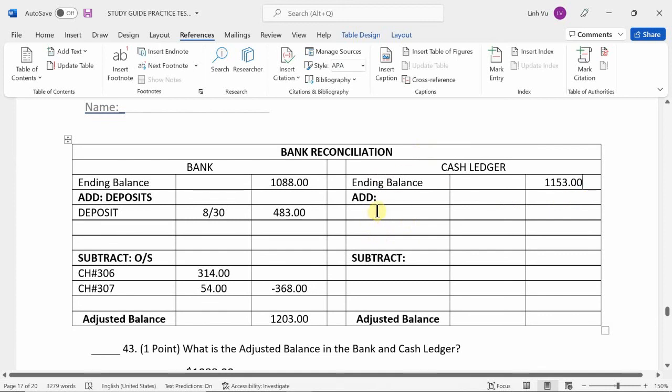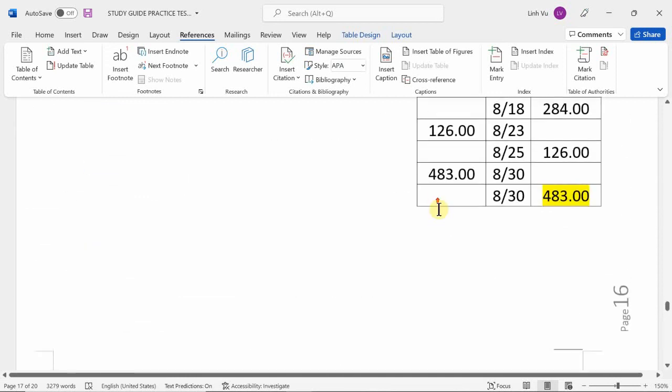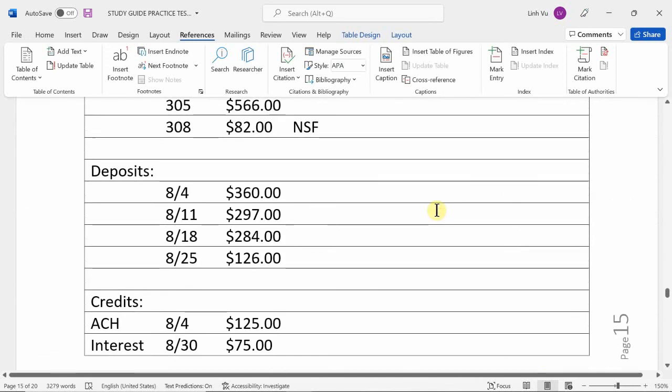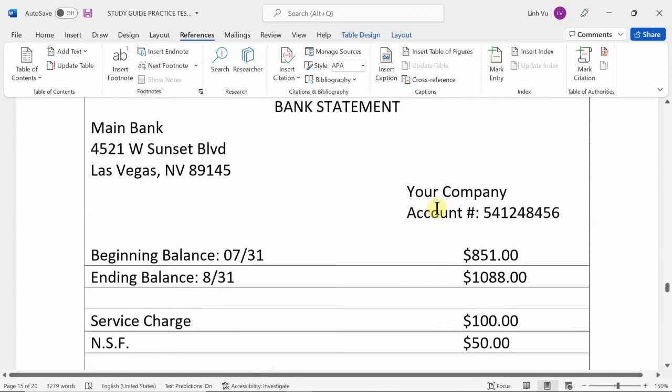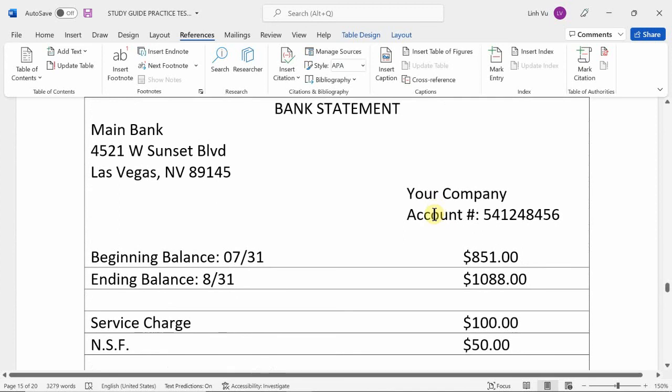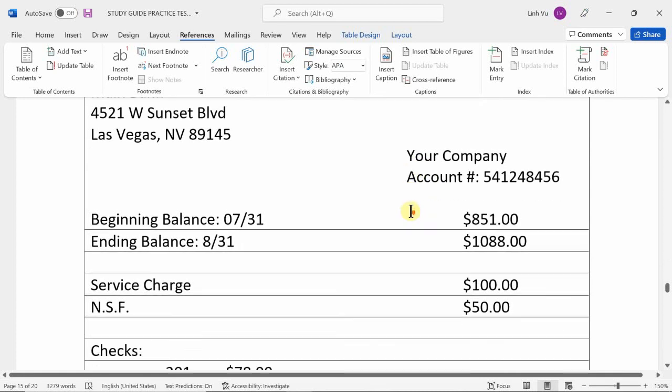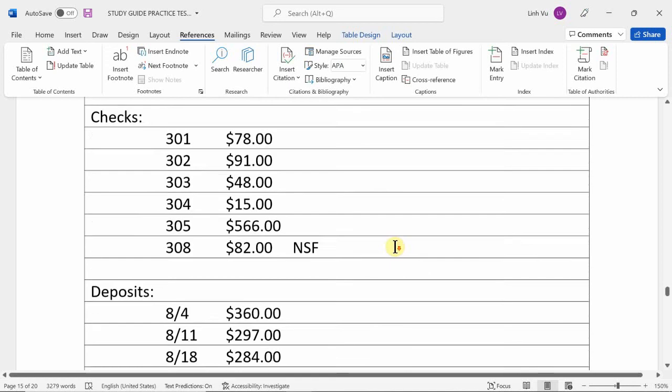What do you need to add? What does the bank know that you do not know? Interest. The interest that the bank collects for you, right? So this is for when you set up accounts receivable to be collected online. Since you can charge your customers interest on top of that, the bank can collect the interest money for you.